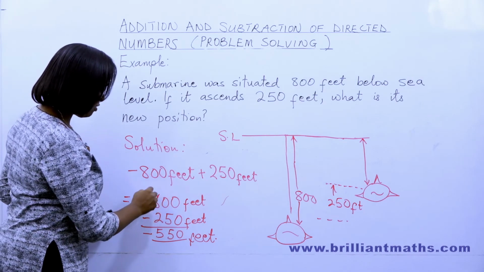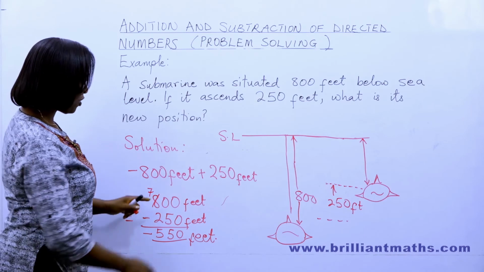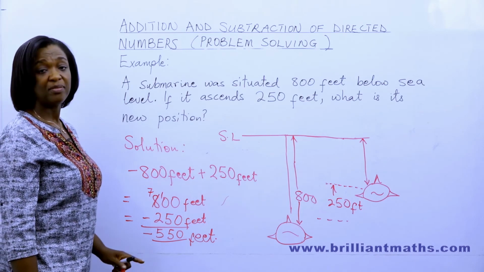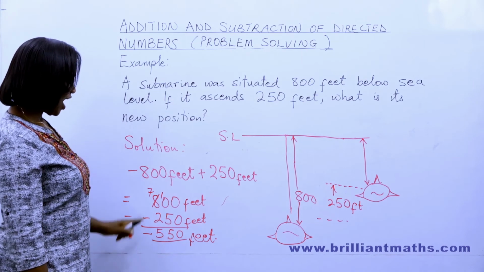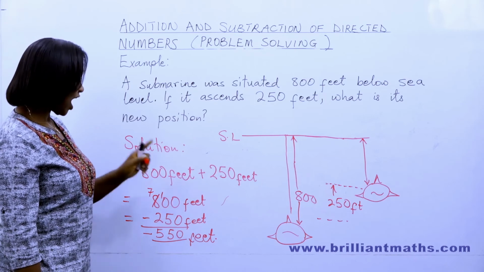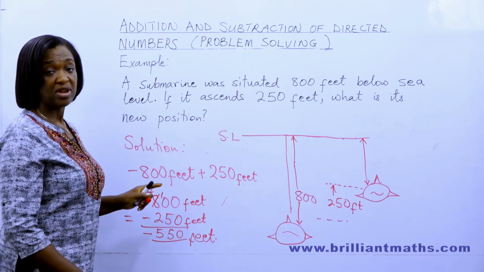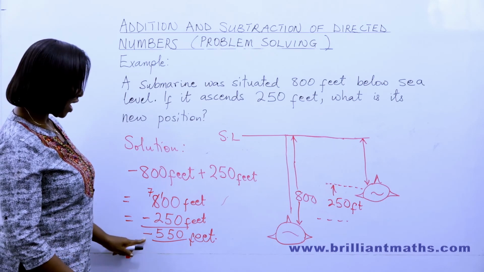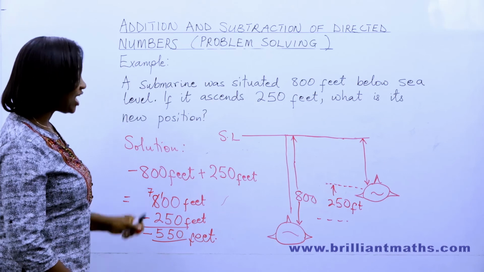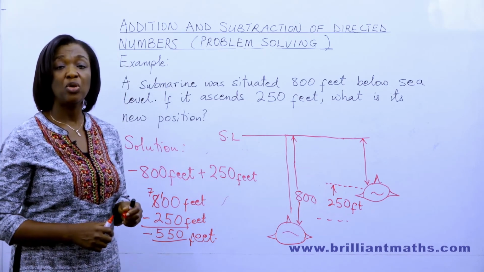So now we have a 10 here. So 10 take away 5 is a 5. And 7 take away 2 is a 5. So the actual position of the submarine is now minus 550 feet, which is the same as 550 feet below sea level.